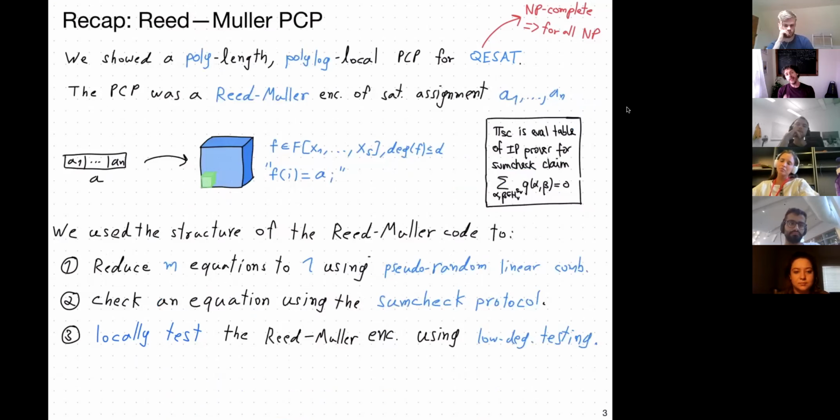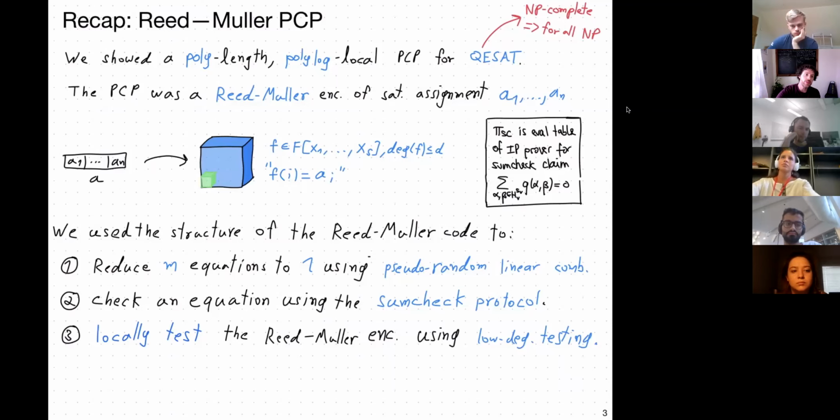And then yesterday, we saw the Reed-Muller, or the low-degree extension PCP, where we managed to fix the length of the PCP, but on the way we increased the locality, which is not exactly what we wanted. So, we showed poly length encoding with polylogarithmically many queries for the same problem of solving quadratic equations.